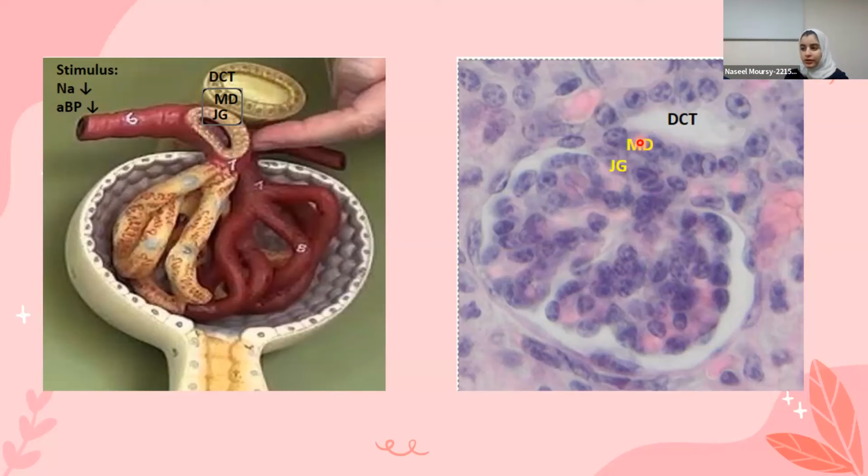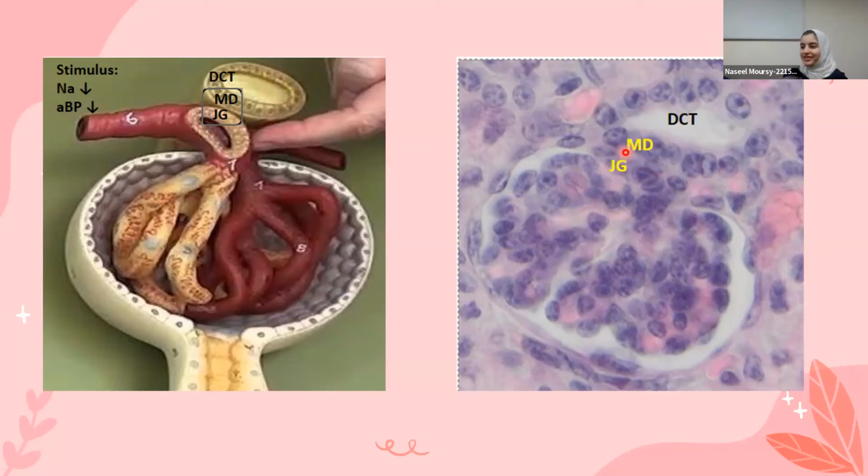Renin, are you sure? It has to do with sodium. Good job, it is an osmoreceptor. Now the renin you're talking about is the JG. It signals to the JG if sodium is low. So what is JG first?